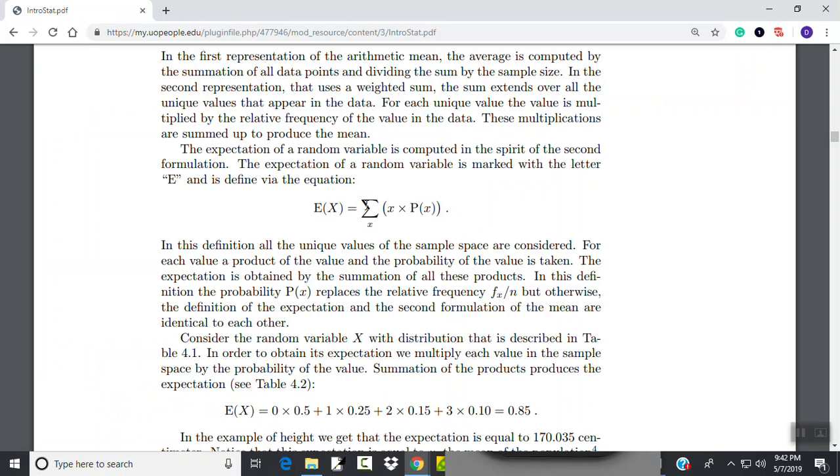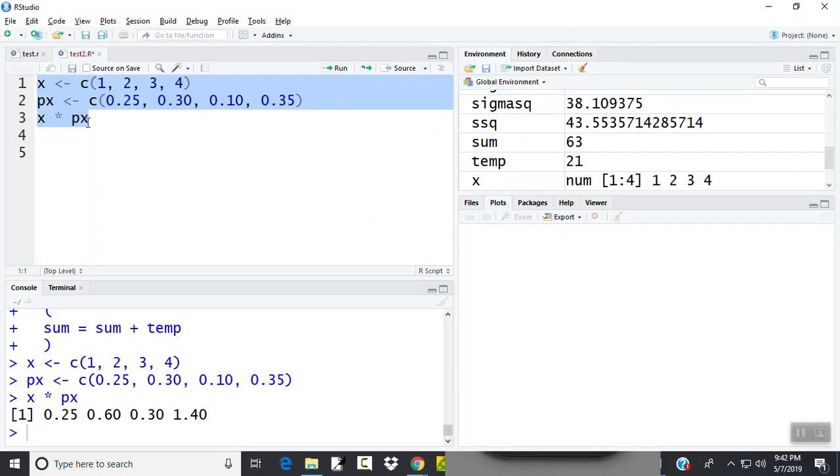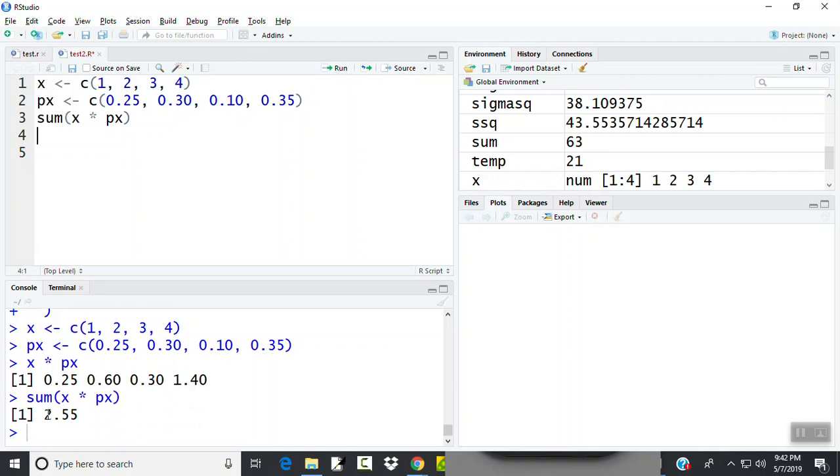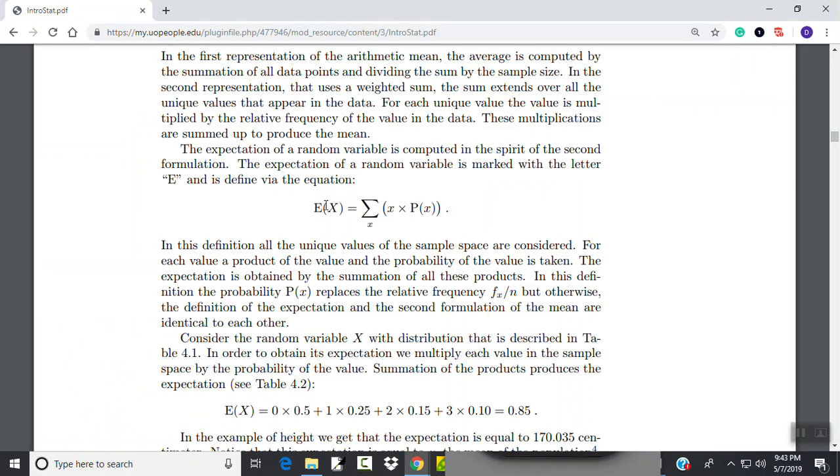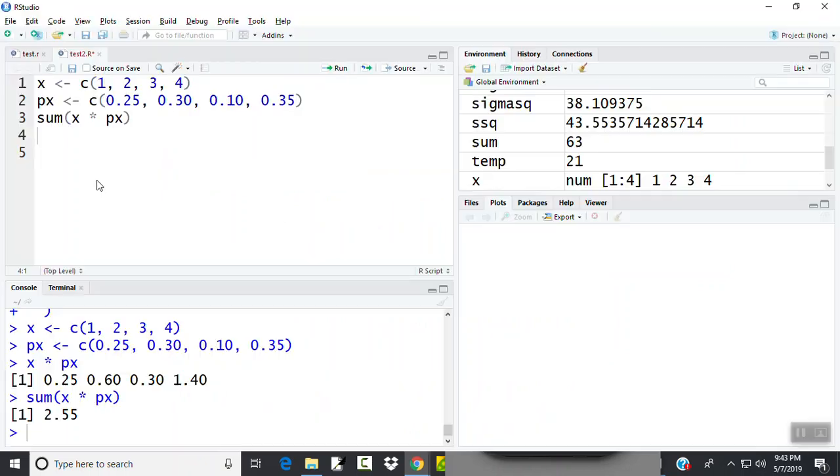Now this is a sigma here, which means we add them together. And that would give us our 2.55. That's the expectation of this random variable, and that's how you calculate it. So you put your x values in one data set, your p of x values in another data set, you multiply them together and sum them.